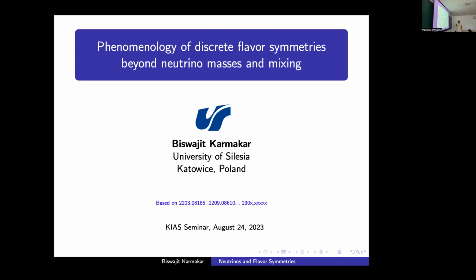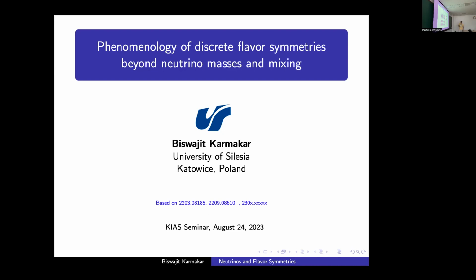So these classes of model are basically ruled out from simple analysis of these proposed experiments. But for the other classes of model, you can see the best fit value lies within the allowed region. So this is one way to falsify these kind of flavor models.